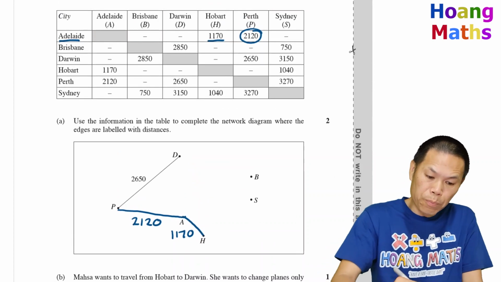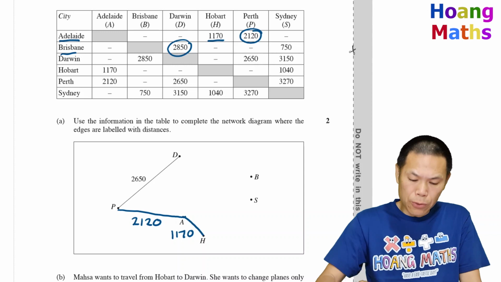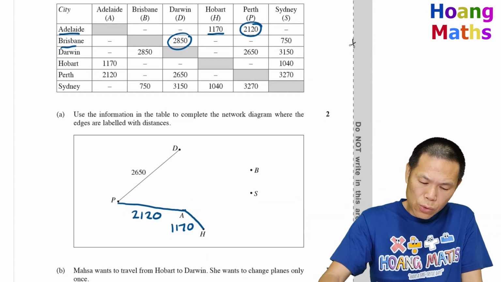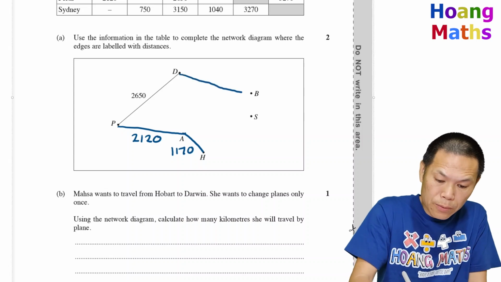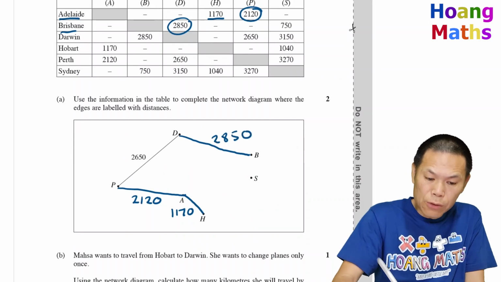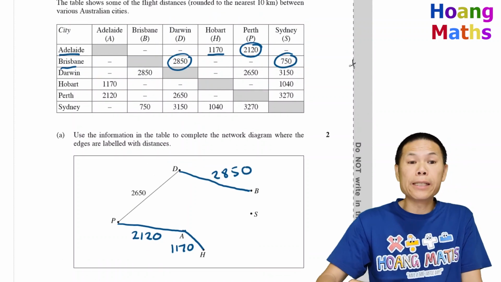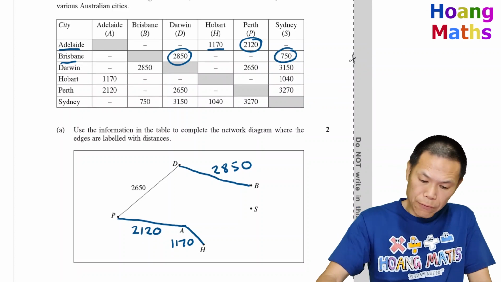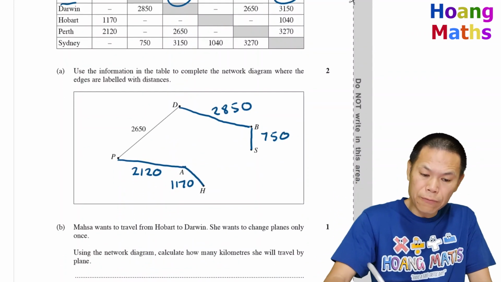And then from Brisbane to Darwin, B to D, that is 2850. And then B to S, that is Sydney, is 750.